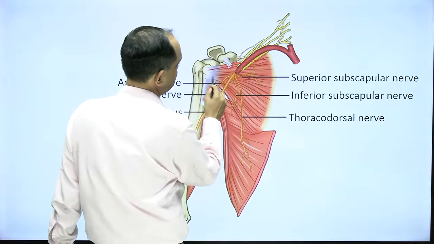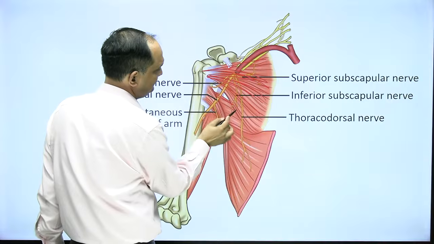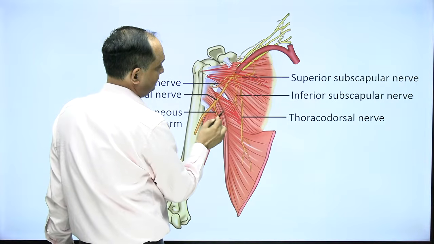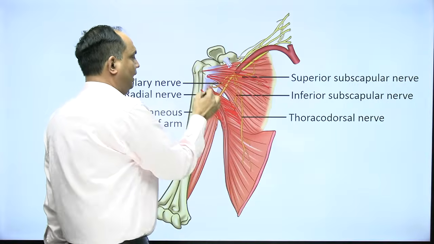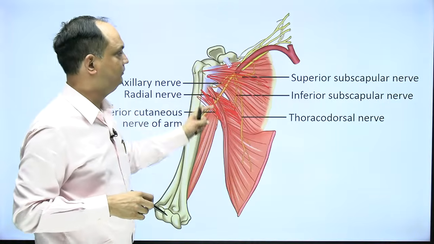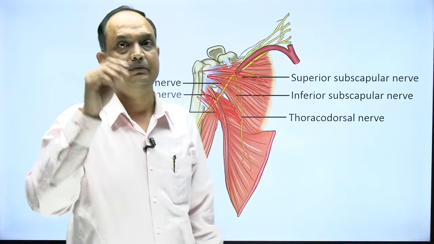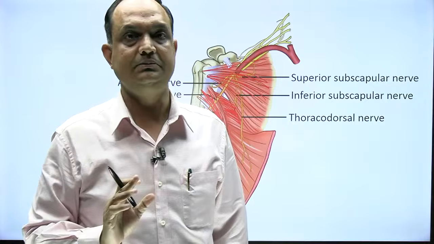The uppermost is subscapularis. Below that you have teres major, and then below that you have latissimus dorsi. So there are three muscles from above downward on the posterior wall: subscapularis, teres major, and latissimus dorsi.